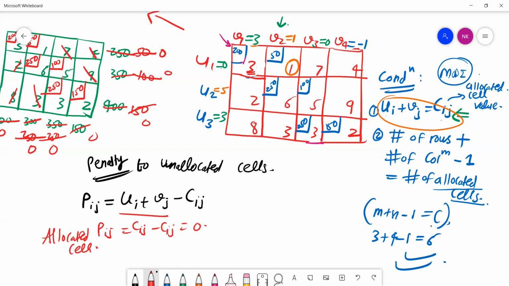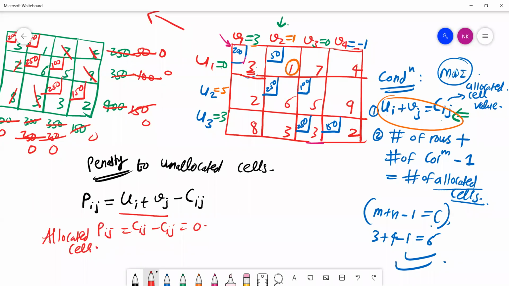Why are we providing the penalty to the unallocated cell? Because we want to know why they were not allocated. And on providing the penalty, there is a chance that we may get a better result.